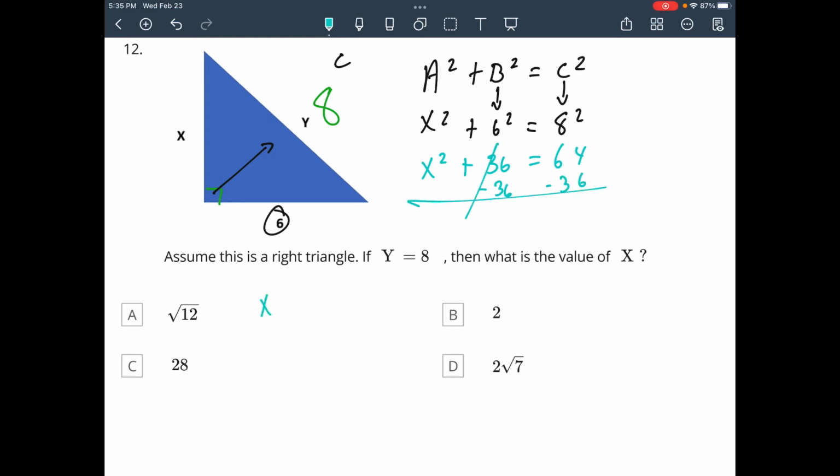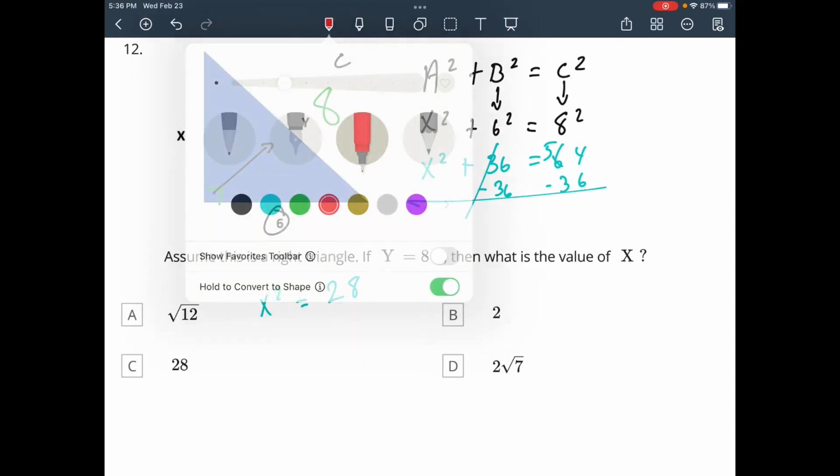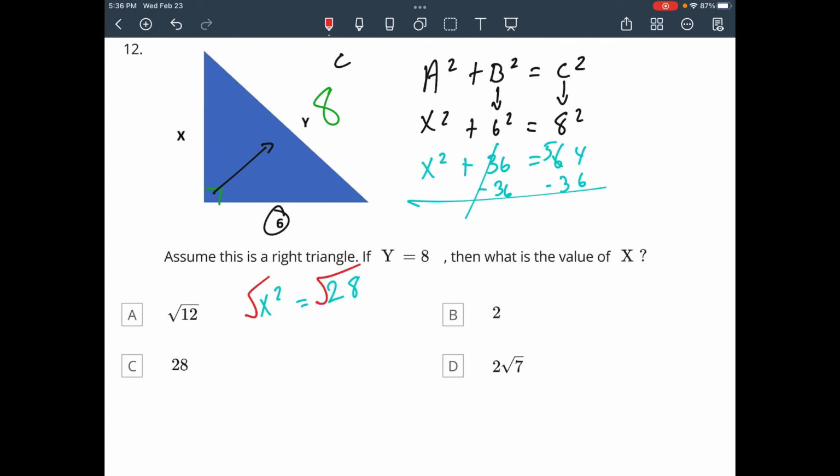And we have that x squared is equal to 64 minus 36. 64 minus 36, that's a what? 8, 3, 4, 28. And then to get rid of that little 2, we take the square root. So our answer is the square root of 28.